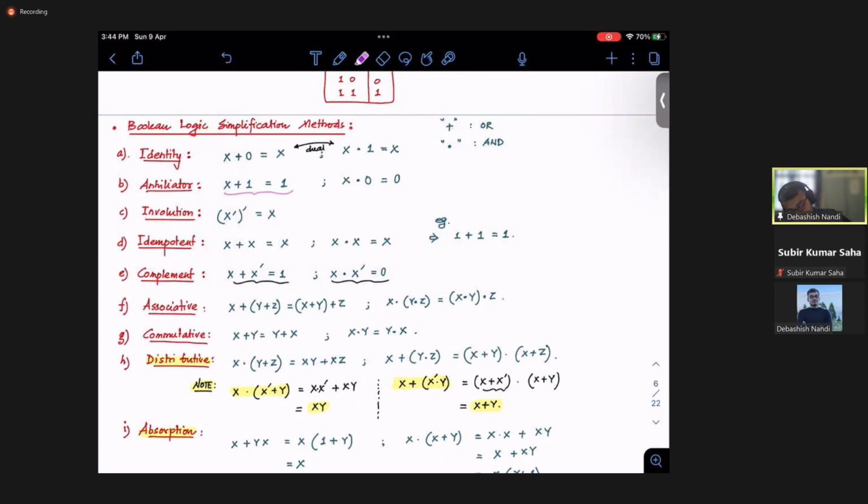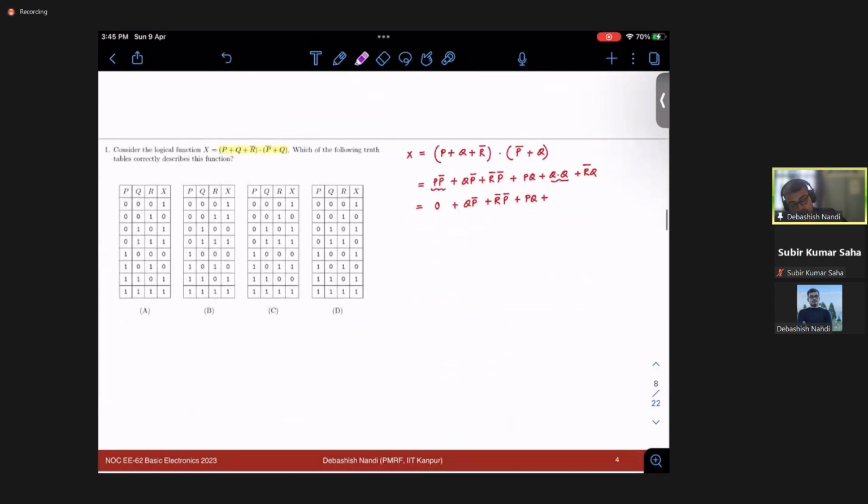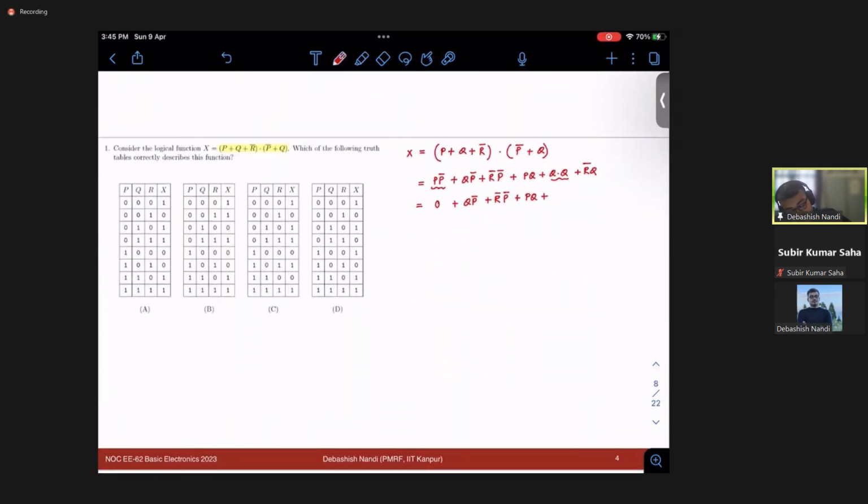This idempotent property, we have discussed this. So you have this Q and then R prime of Q. Fine. Now what can you do? You take this PQ to the front and, wait, you can take Q common, right?